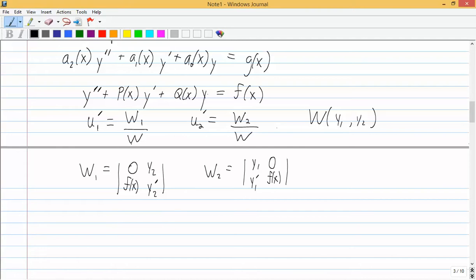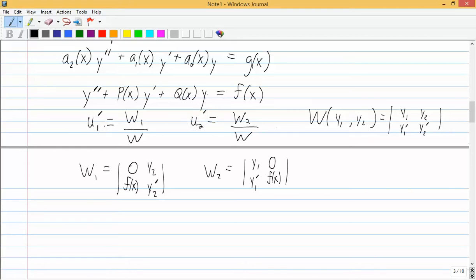And do you remember how to do that? Remember, the Wronskian is the 2 by 2. You have a 2 by 2: y sub 1, y sub 1 prime, y sub 2, y sub 2 prime. Okay? I know that I gave you these formulas first, but really, we're trying to find these u's.